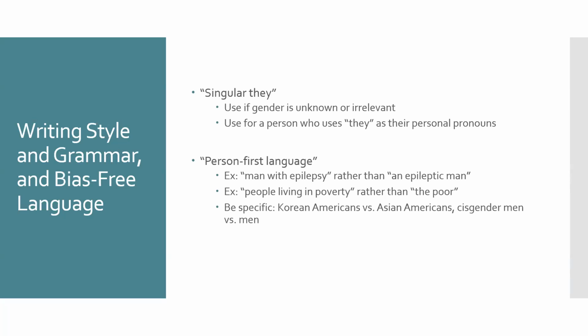Or you could say something along the lines of people living in poverty rather than the poor. So you always want to be really specific with first person language. You want to be saying something along the lines of Korean Americans versus Asian Americans, or cisgender men versus just men in general.